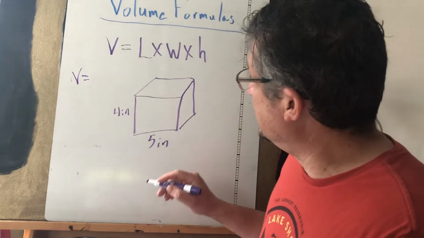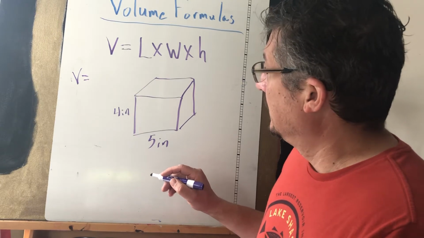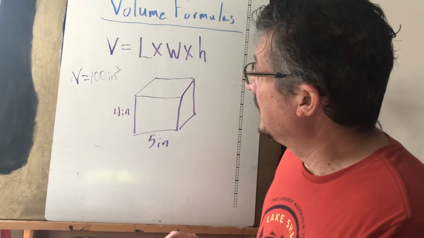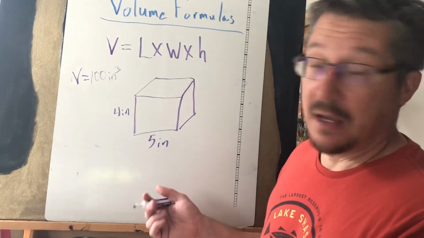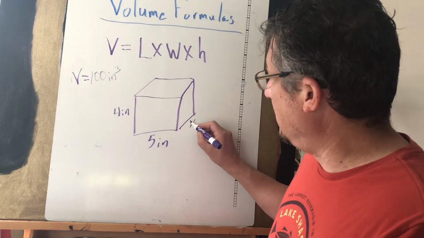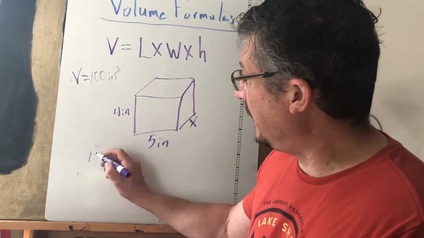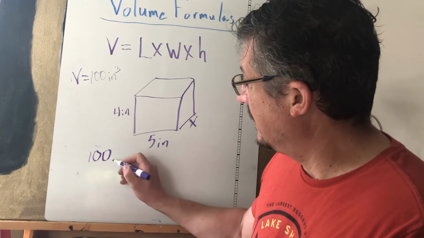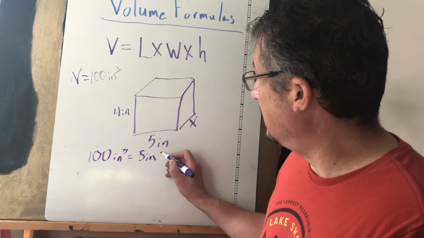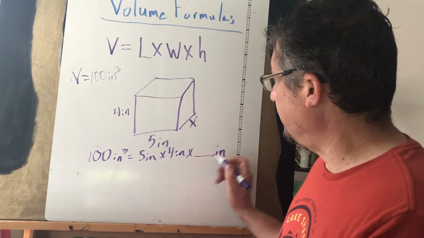Volume equals, let's do 100 inches cubed. Now I have to figure out how to solve for the missing side. We'll put side X, because we don't know side X. So I'm going to write a problem: 100 inches cubed equals 5 inches times 4 inches times blank inches.